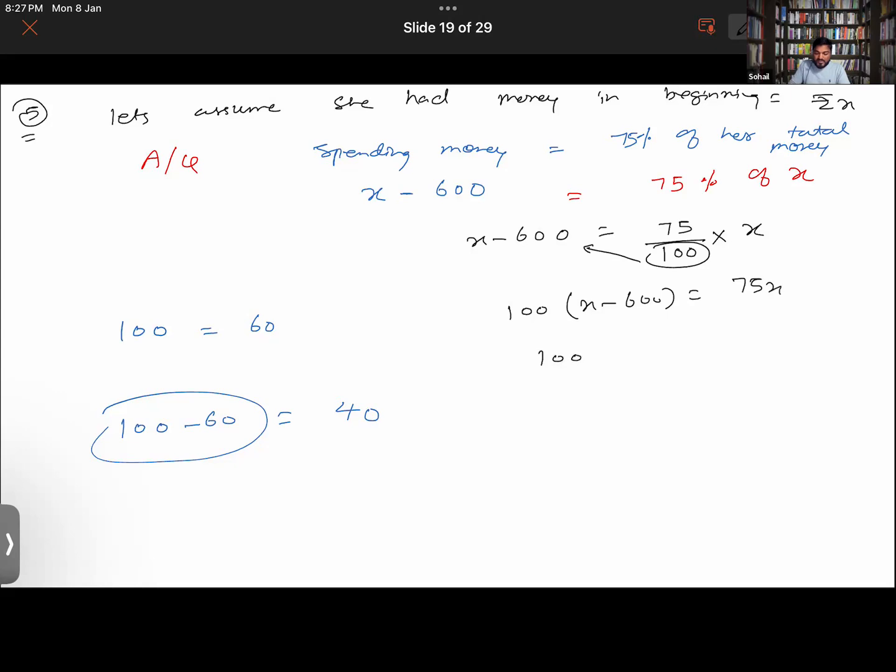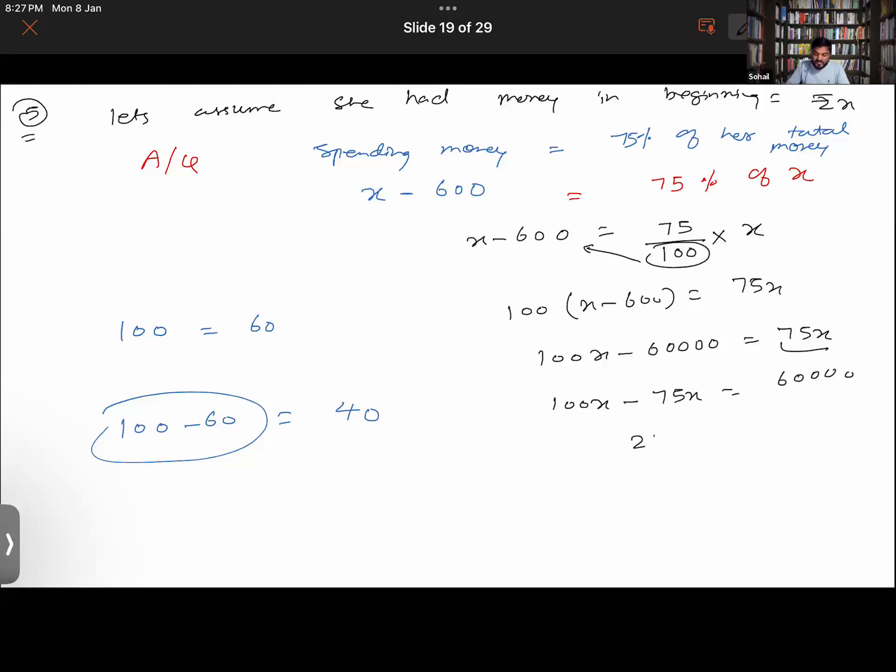So we can write it like this. Then again it is 100x minus 600, so 25x. Now let's do a little bit of rearrangement, so thereby it becomes minus 75x, and here it is 60,000.